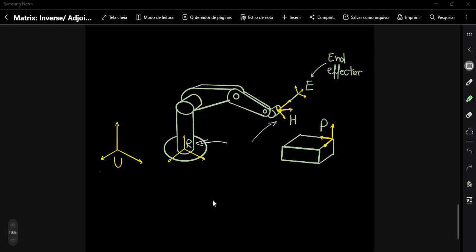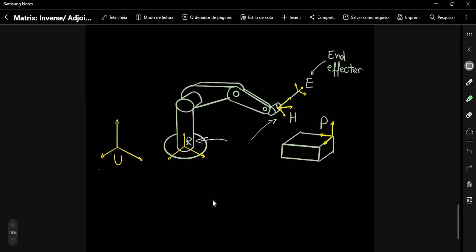In this example, we have a robot which is going to drill a hole on a workpiece.